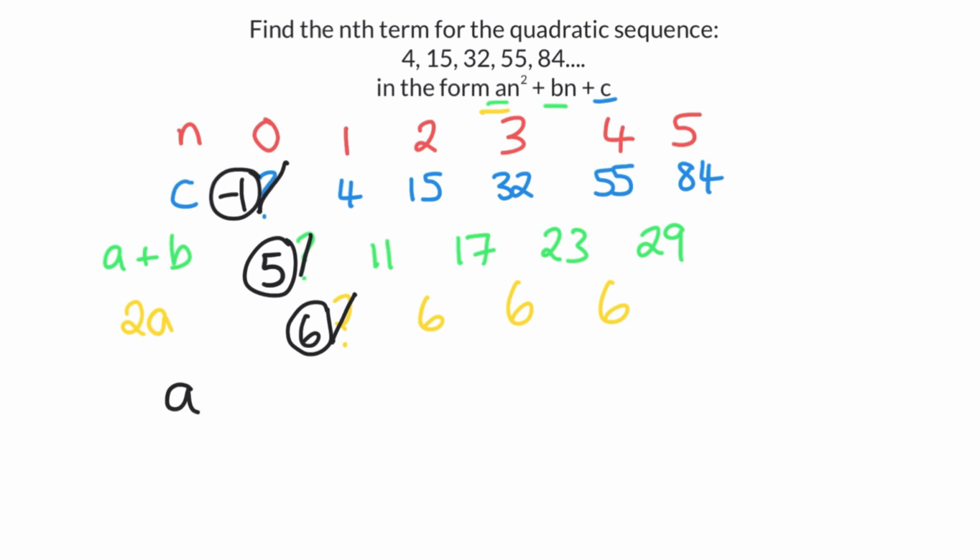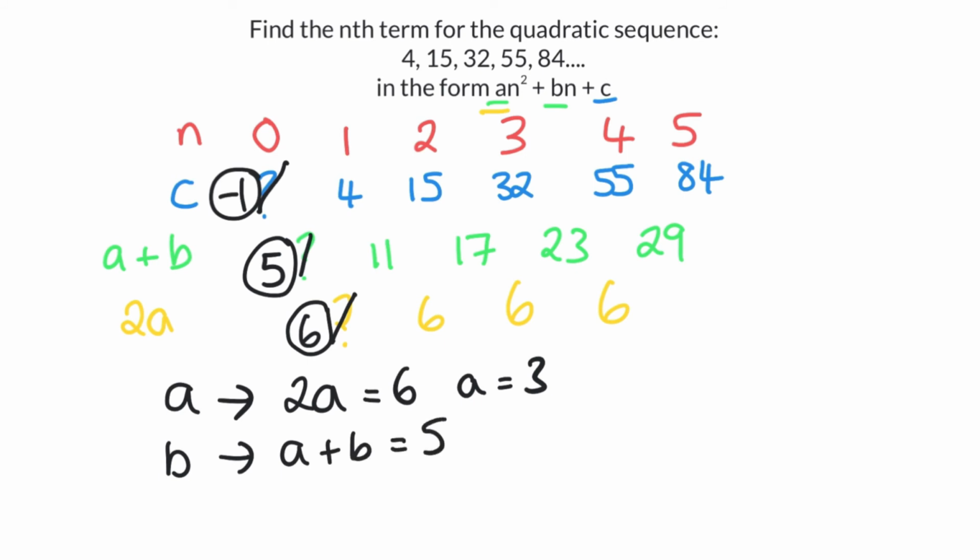So to find out a, we know that 2a is equal to 6. So a must be equal to 3. To work out b, we know that a plus b is equal to 5. So if a is equal to 3, then b must be equal to 2. So b is equal to 2.